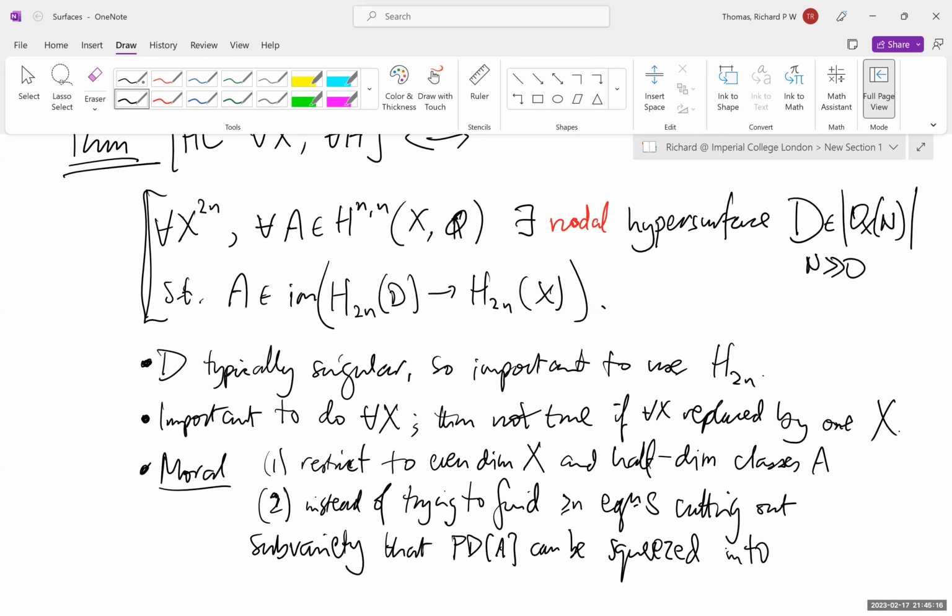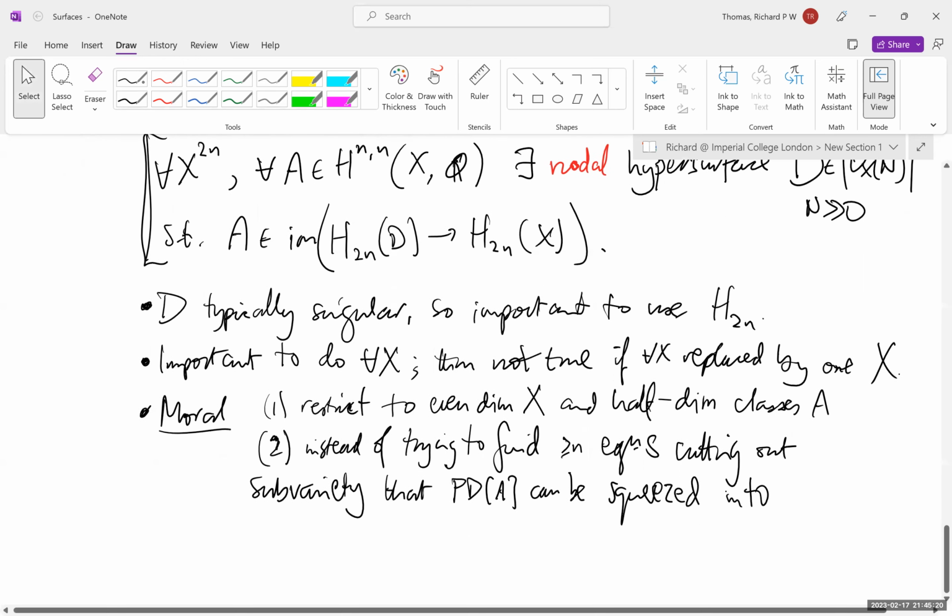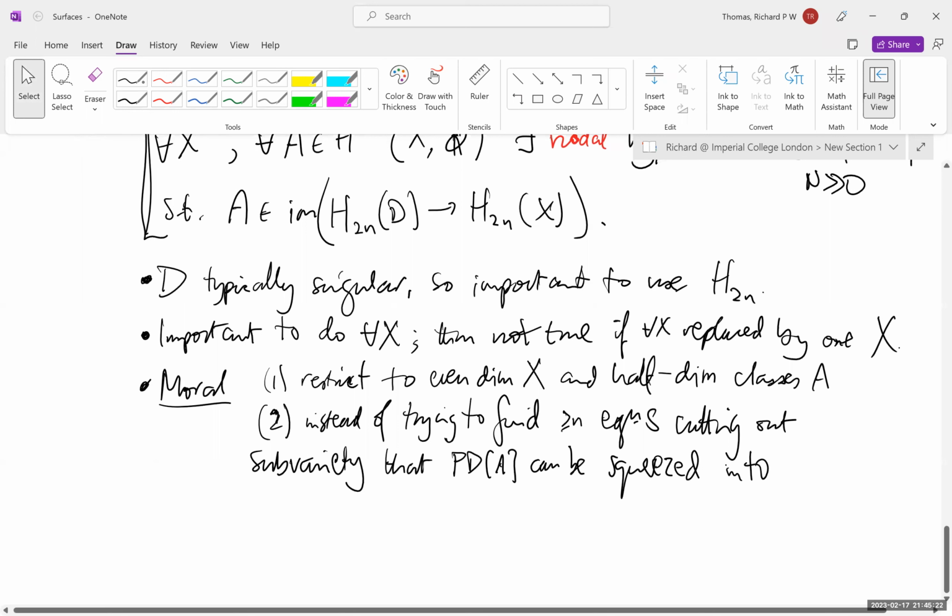So instead of trying to cut out a subvariety and then finding that A is in the homology of that subvariety, it's carried by that subvariety.